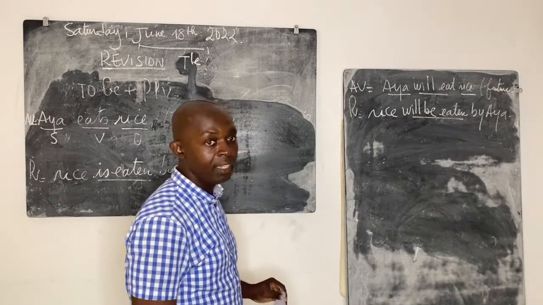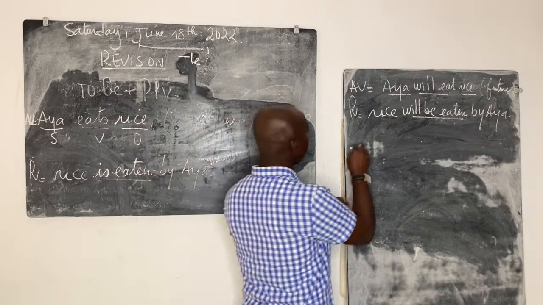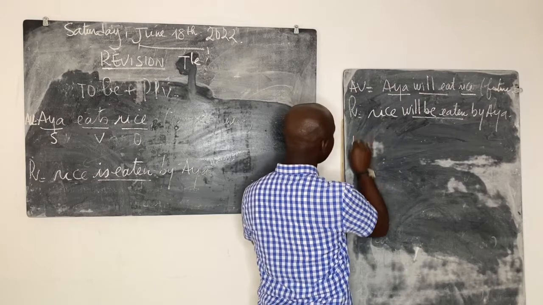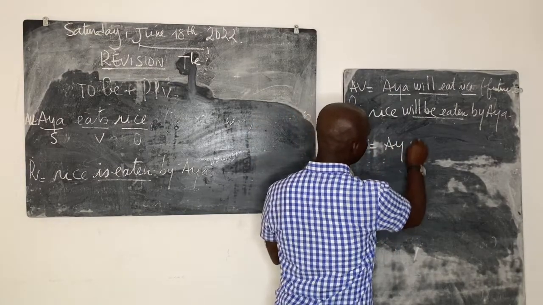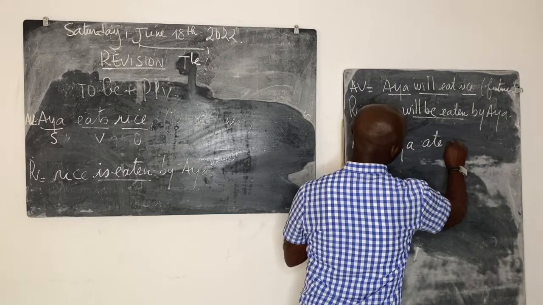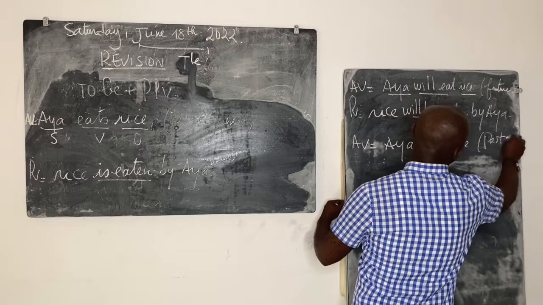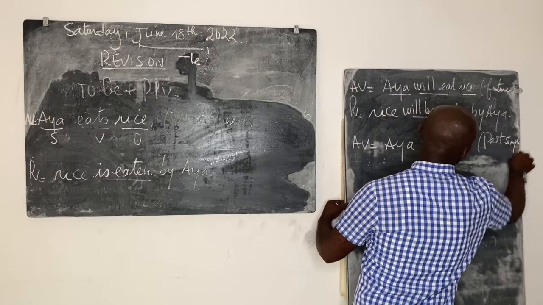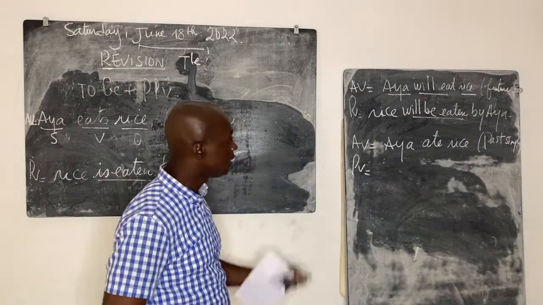Okay? And for the past passive, we have this. Active voice: Aya ate rice. Past simple, simple past, preterite. Passive voice: the same technique.